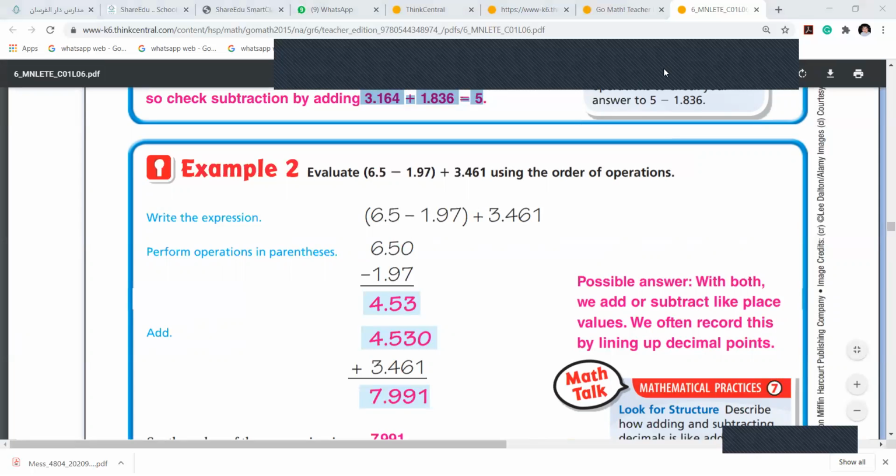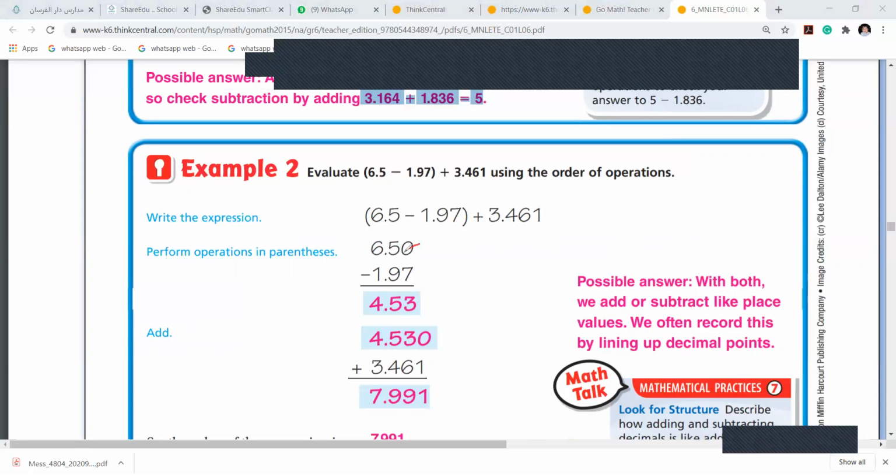Again, this goes 10, and here this becomes 4, but still 4 cannot, so it has to be 14. And this is 5. So now we got 4, 5, and 3.